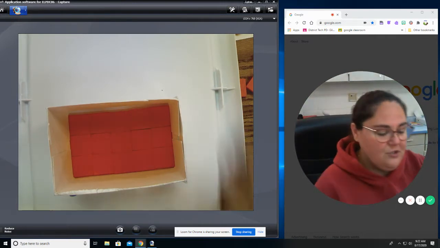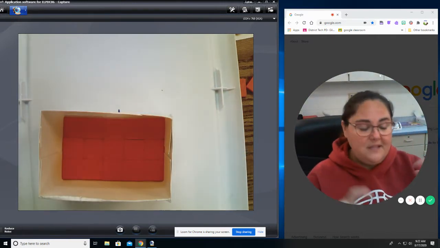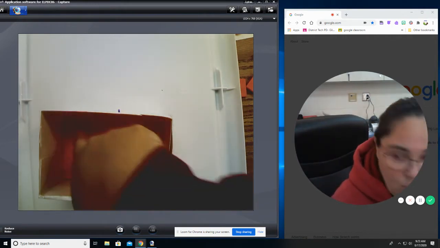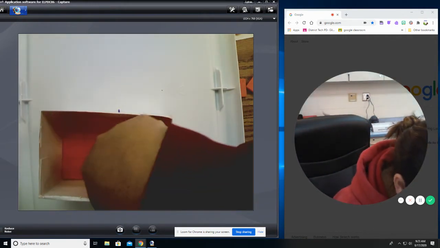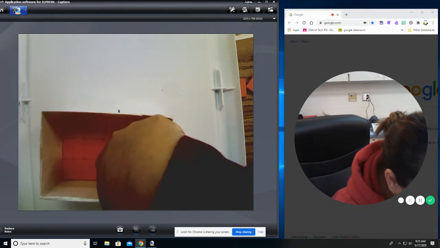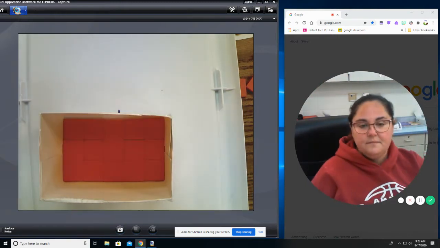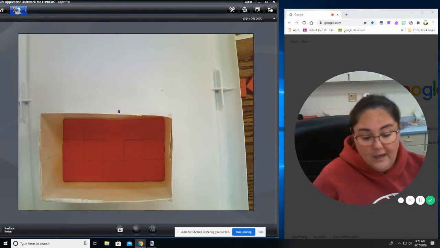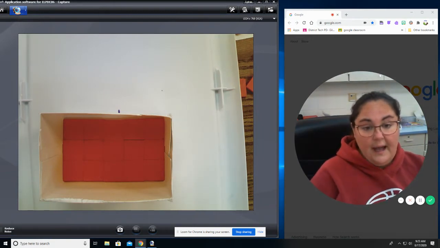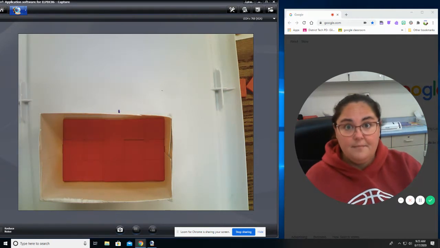So now you're going to count how many square pieces fit as my base. So 1, 2, 3, 4, 5, 6, 7, 8, 9, 10, 11, 12, 13, 14, 15. Now, when I look at this, I could also find the area of the bottom.